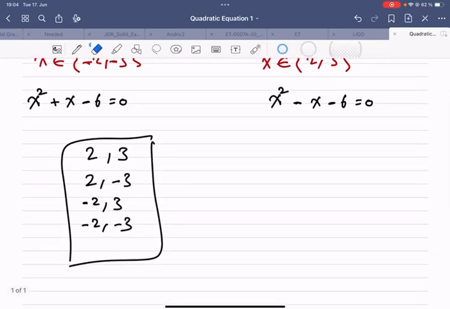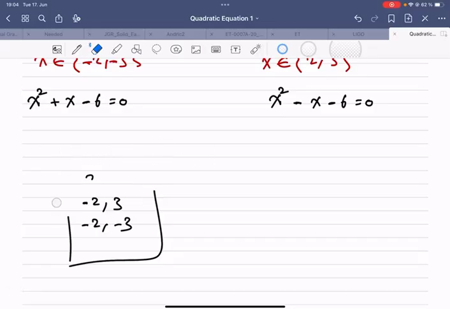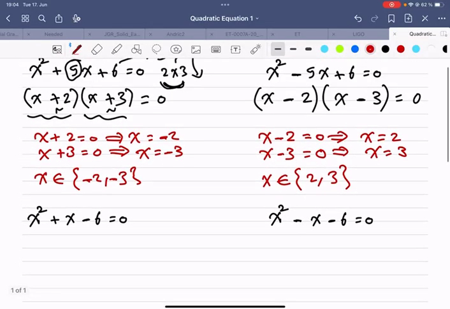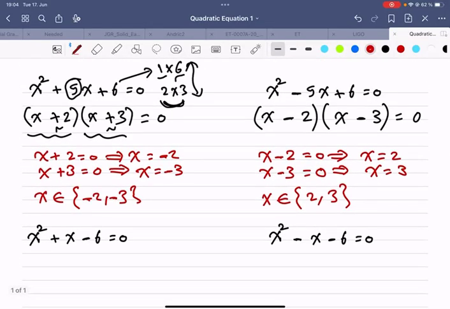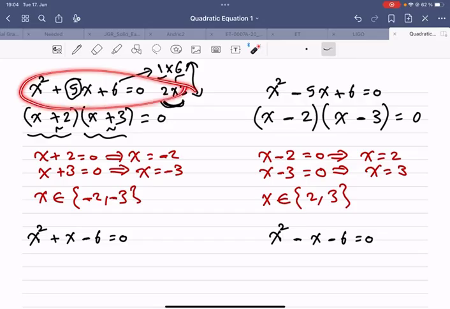For the next two examples, you will find two differences from this example and one difference from this example. Here, in this example, this 5 and this 1, and this plus 6 and this negative 6.